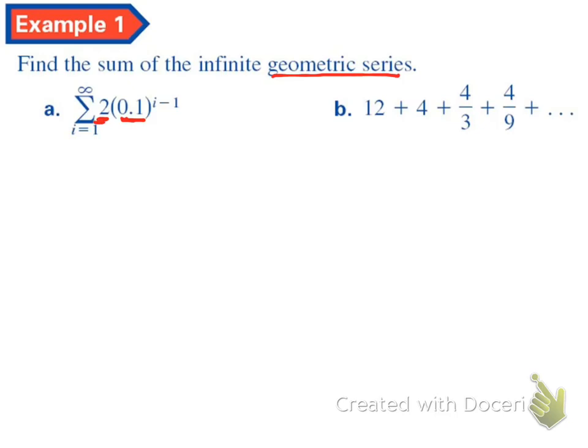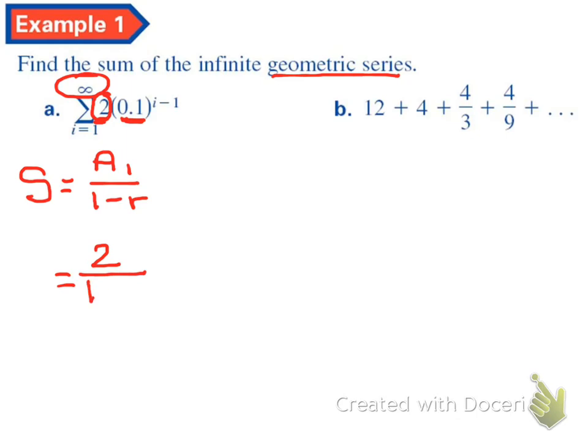So we have our first term and we have our rate. Remember, it goes to infinity, so this is an infinite series. In an infinite series, the sum is found by taking the first term and dividing it by 1 minus the rate. Well, the first term in this case is 2. Here's the first term. It's 1 minus the rate.